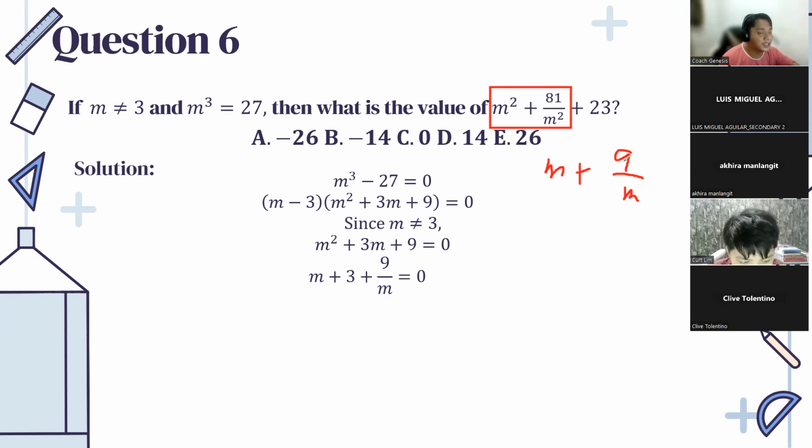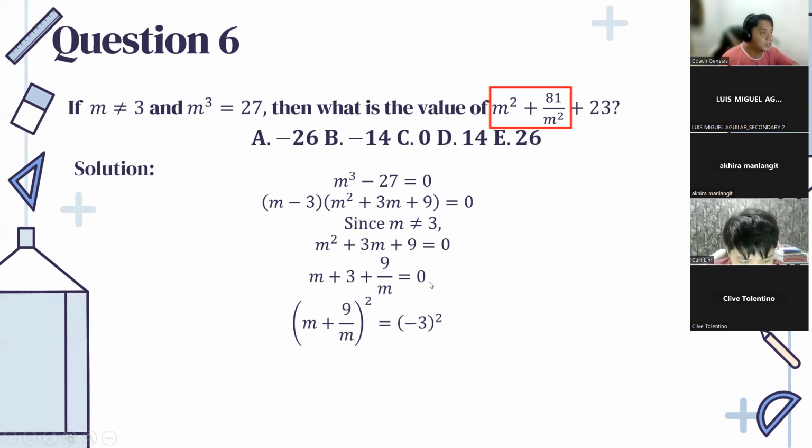In this case, a is equal to 9. So we just need to get this kind of form. So how do we get that? We divide by m. Since we're sure that m is not equal to 0, then of course we can divide both sides by m, giving us m plus 3 plus 9 over m is equal to 0. Now, when manipulating the equation, we have m plus 9 over m is equal to negative 3.